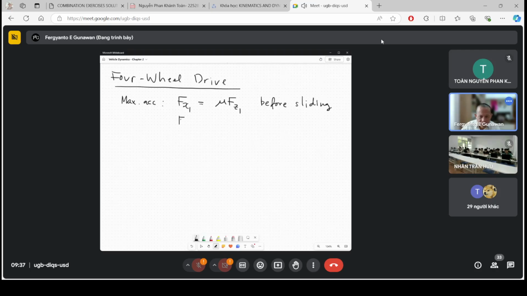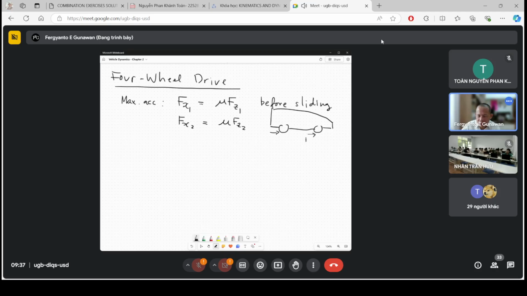Because we have a four-wheel drive, we are also going to have one more formula for the force from the four wheels, right? The force produced is from all the wheels we have, the one from here and the other one from here.